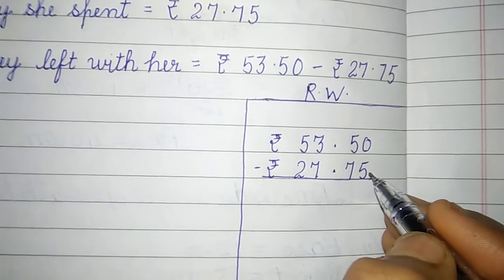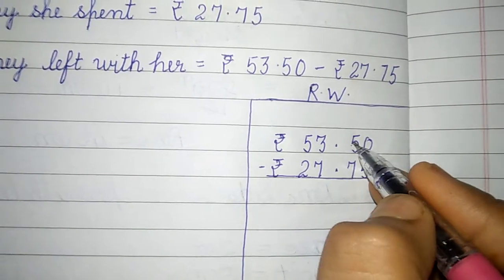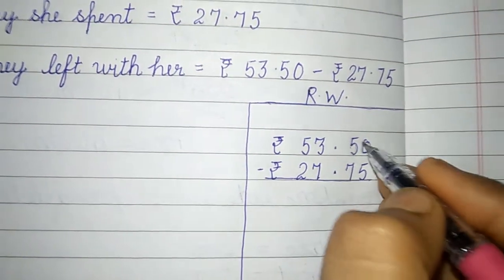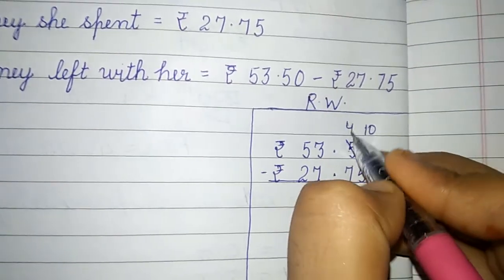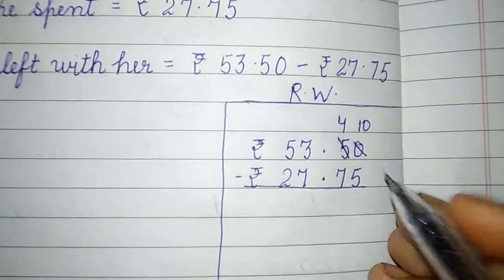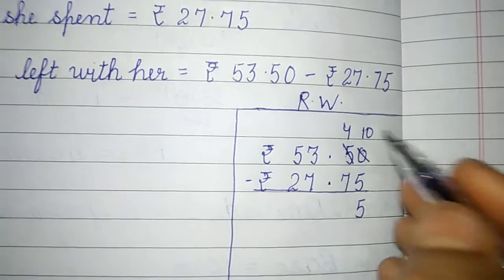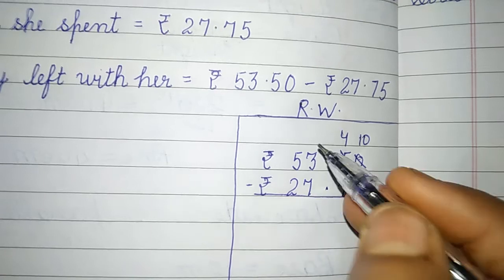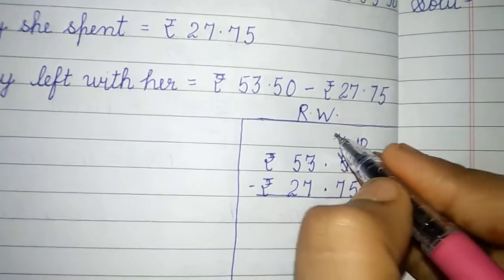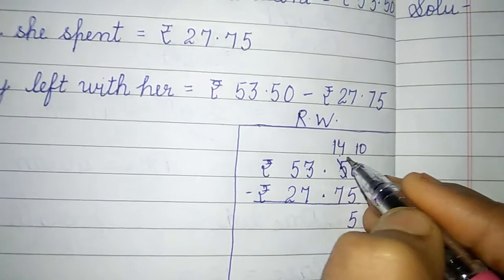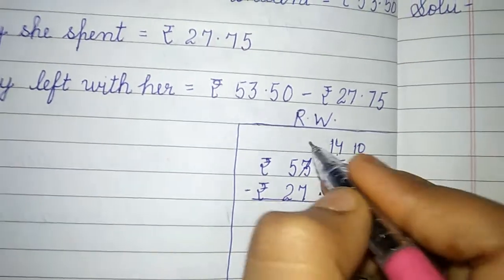0 cannot cut 5, so it will borrow from 5. 5 gave 1 to 0, 0 became 10 and 5 became 4. 10 minus 5 is 5, and 4 cannot cut 7, so it will borrow from 3. 3 gave 1 to 4, 4 became 14 and 3 became 2.